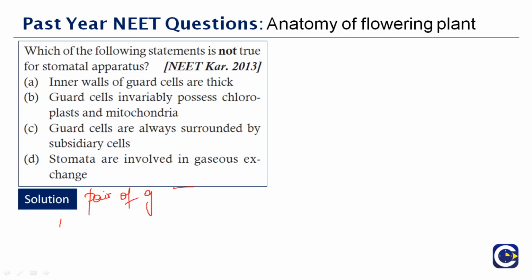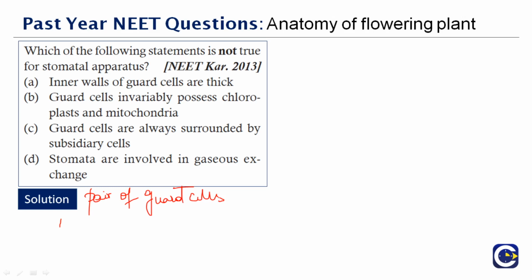A pair of guard cells with or without surrounding subsidiary cells, which functions as a valve to open or close the stomatal pore for gaseous exchange and transpiration. Each stoma is made up of 2 bean-shaped cells which are simply called guard cells. So this is about the stomatal apparatus.